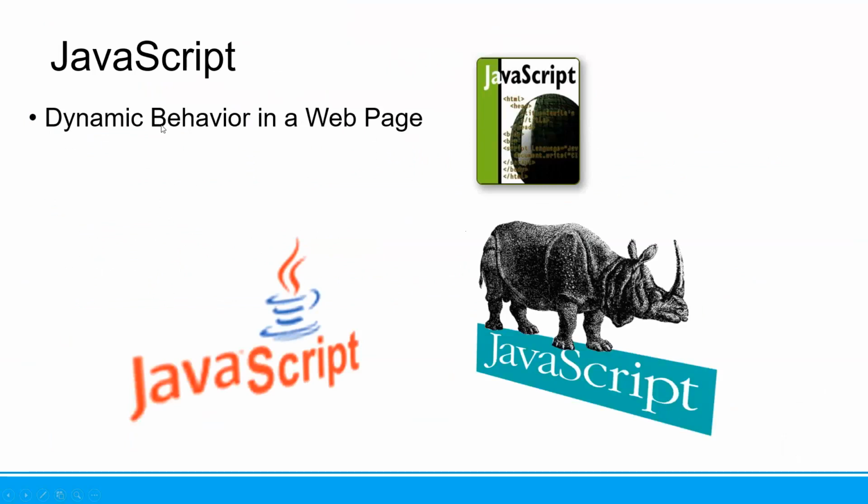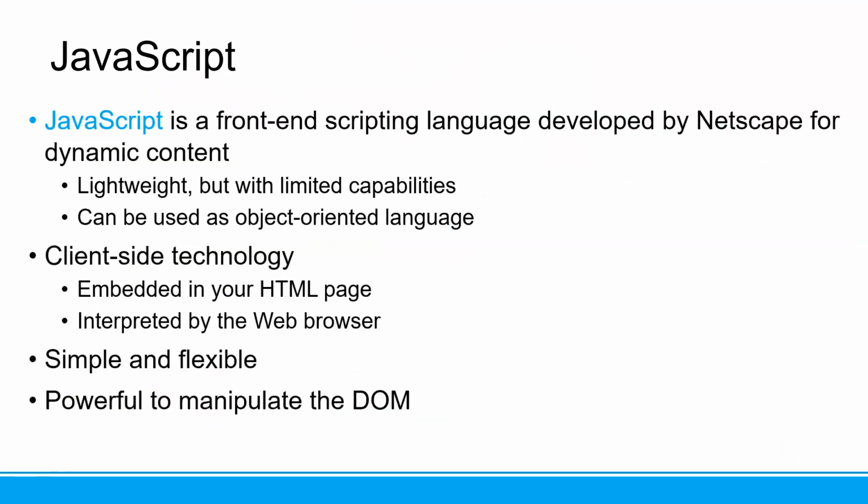So JavaScript is a front-end scripting language. It was first developed by Netscape. I think you will never know about Netscape. It has disappeared because it was a very old web browser, and they developed JavaScript for dynamic content for the first time. It is lightweight, so JavaScript is very light, but it has limited capabilities.